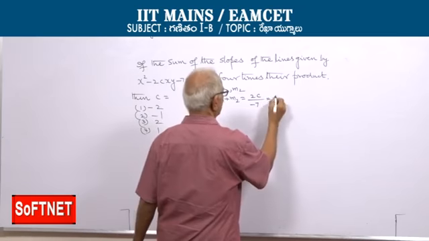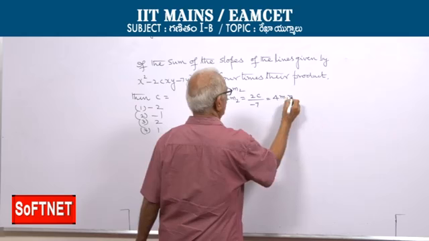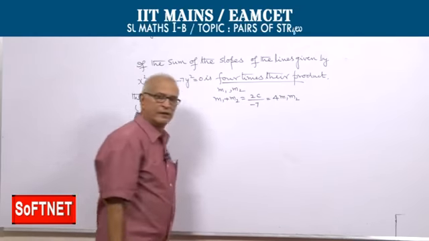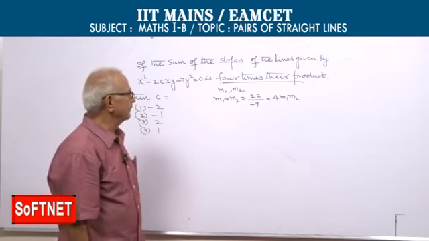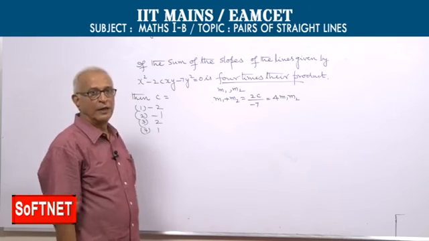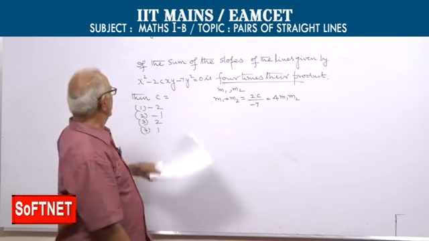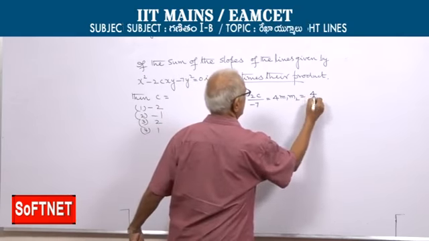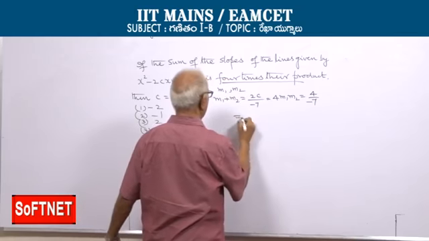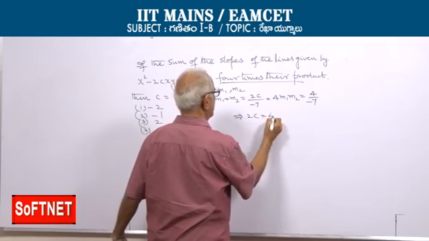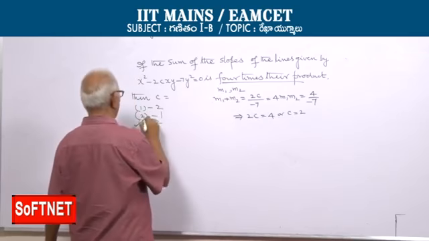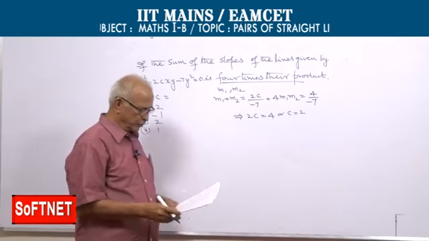That's equal to 4 times m1 m2, 4 times their product, which is 4 times m1 m2. m1 m2 is a by b. a is here 1, b is minus 7. That gives you 2c equal to 4 or c equal to 2. So that's the value of c, which is 2.